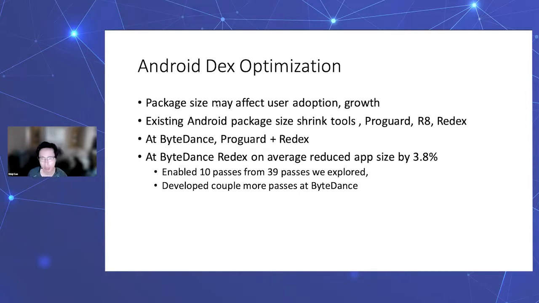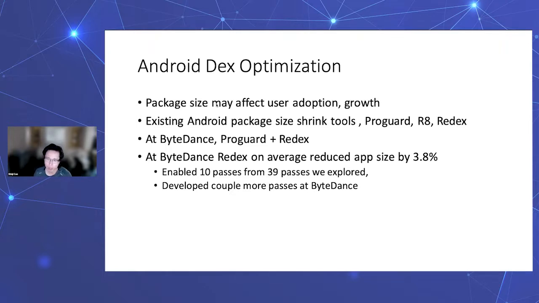So, Android Dex optimization. Dex is a bytecode very similar to Java bytecode. It's actually generated after Java bytecode. When you develop an app, the package size of the app is very important.